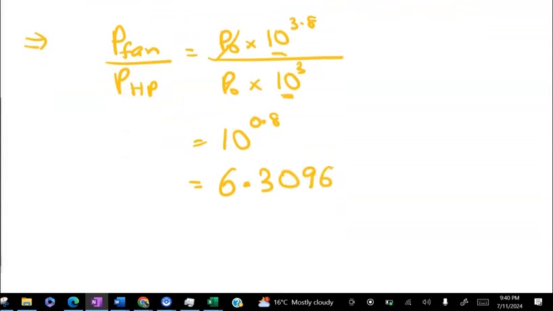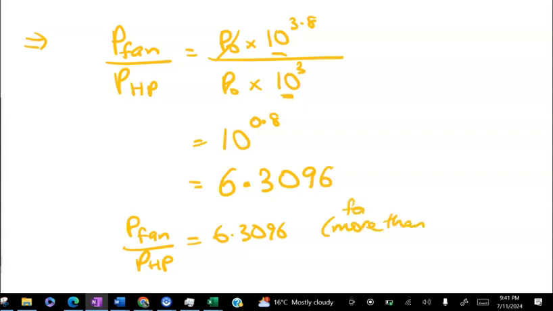So that means that P fan over P HP is equal to 6.3096. So the fan is more than 6 times the noise of the heat pump.